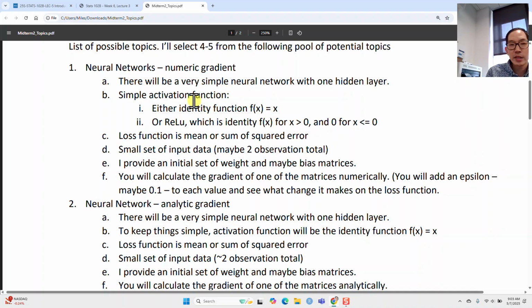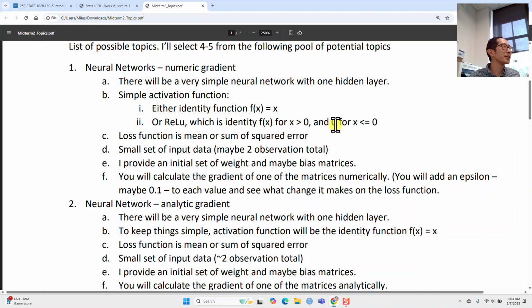And you'll have a very simple activation function, so you don't have to worry about the sigmoid. Either we will have the identity function, which is basically you don't do anything, you just leave it as is, or the rectified linear unit, which is the identity function if it's positive, and 0 if it's negative.